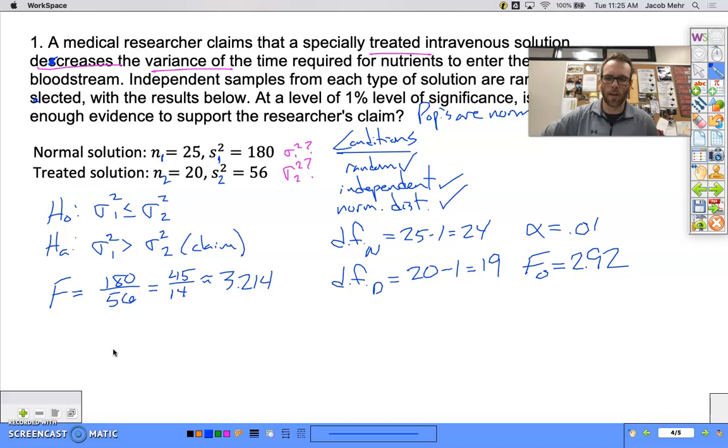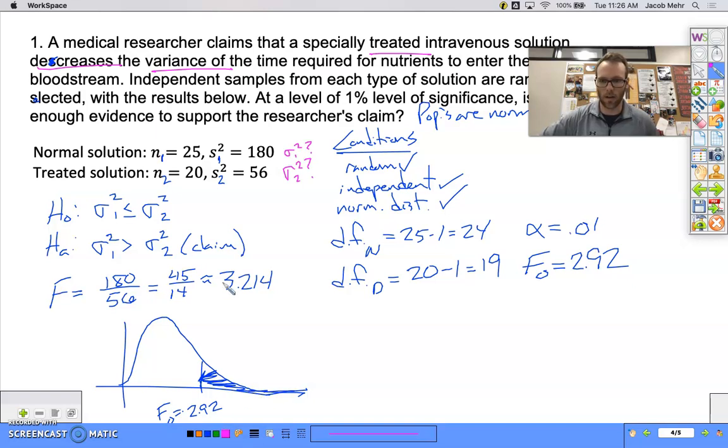If we were to draw this distribution, remember it's skewed to the right, it's all positive. So it's going to look kind of like this. Our rejection region is set at 2.92 for our critical F-score. Our test statistic, F, is at 3.214, which is in the rejection region.